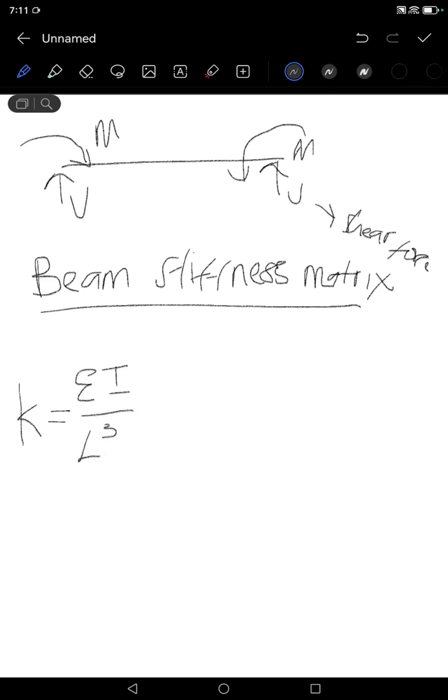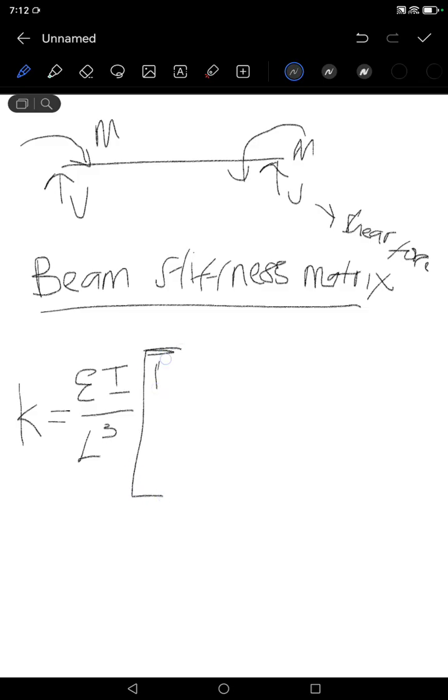Remember, yesterday we did the bar, where the equation was AE over L, with C squared, CS, S squared. Today we're doing the beam stiffness with EI over L cube, where E is the modulus, I is the moment of inertia and L is the length. The equation looks like this.